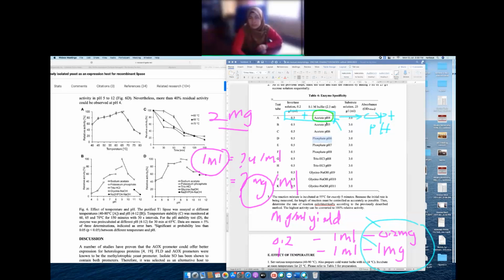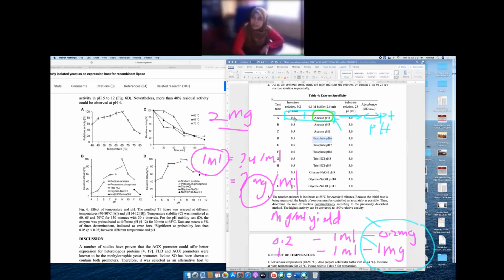You want the enzyme to be exposed to the respective pH, but at the end of the day you want to know how much residual activity is left.